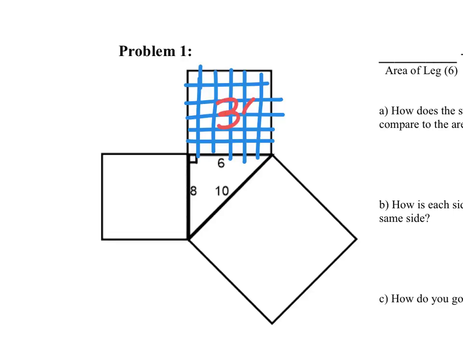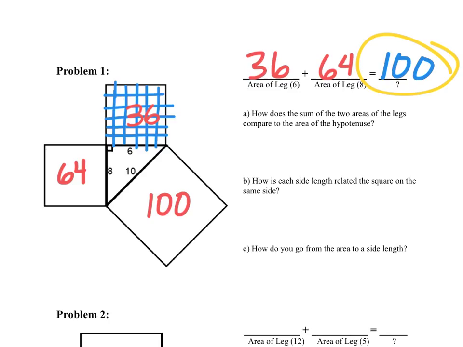If you had to count each square individually, that's fine. But there's an example. If you're like, I don't know what you mean by draw the little squares, now you do. Do it on your own. How does 100 compare to, that's the sum, how does the sum compare to the area on the hypotenuse? Sebastian, how does it compare? It's the same. So we're seeing the same thing that we saw on the front.